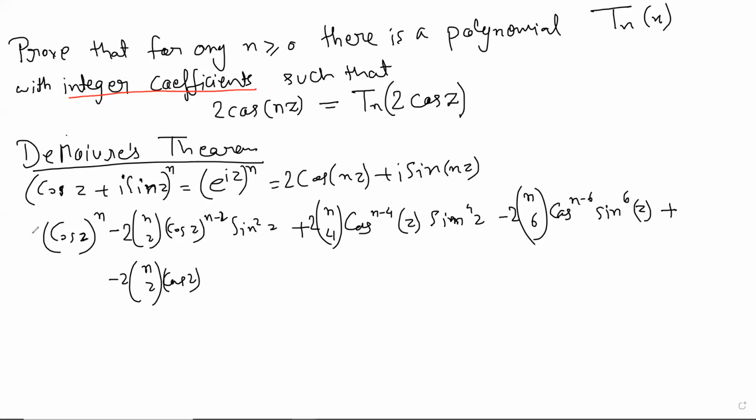So we have a 2 here, and here it's 1 minus cos square, right? And you see, this will be n choose 2.